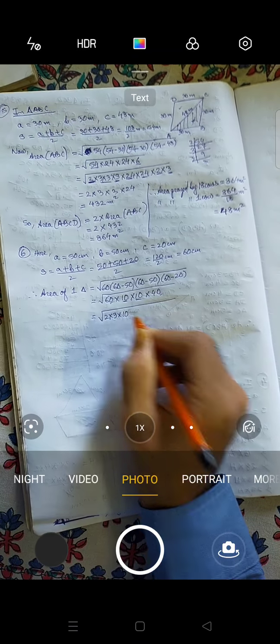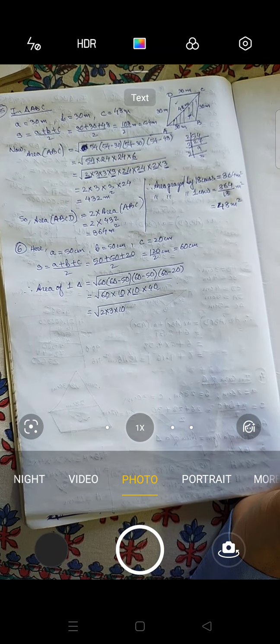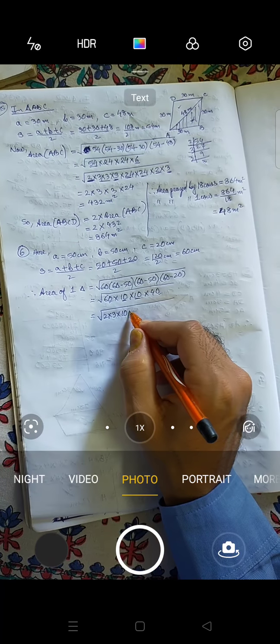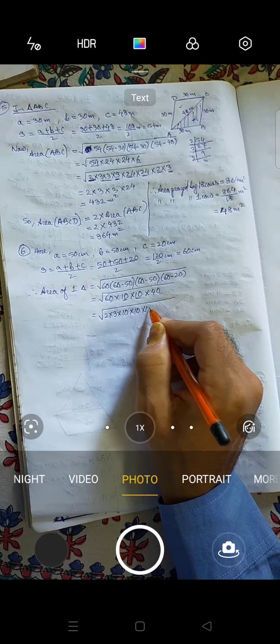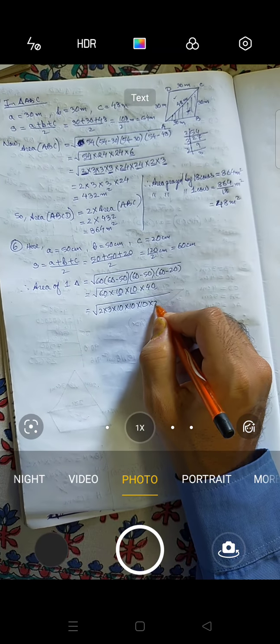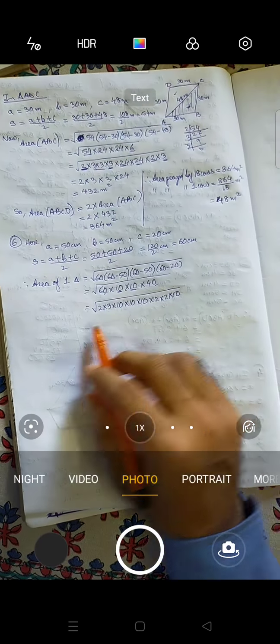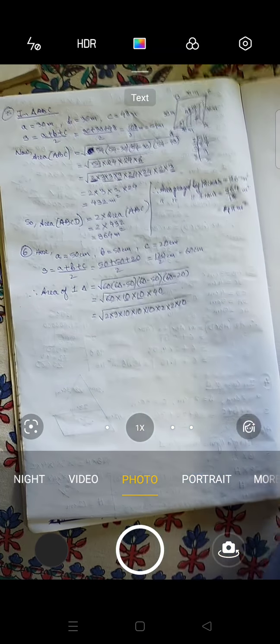Any doubt? Then this 10 can be written directly as 10 into 10 and this 40 can be written as 2 into 2 into 10. Understood? It's up to you. If you want to take the whole prime factorization, you can take.